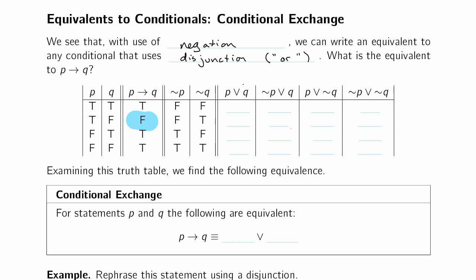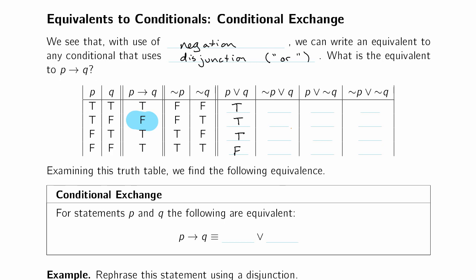Well, if we have P or Q, we want to look at these two columns. That's false when P and Q are both false, and true the rest of the time. That's not the one we're looking for.